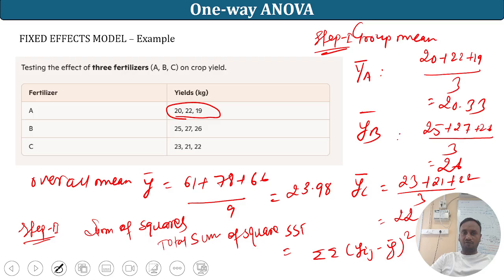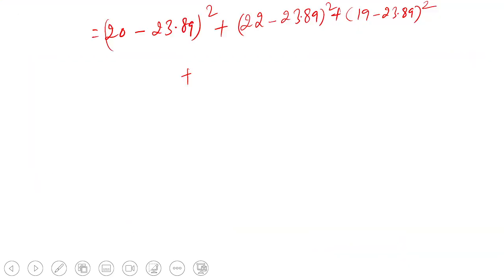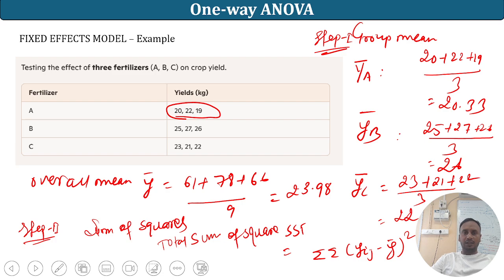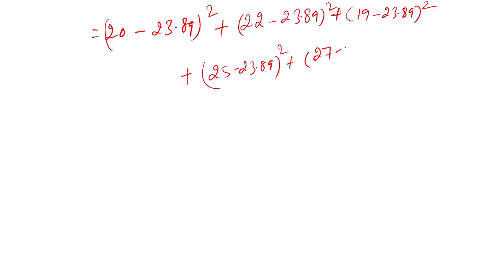Second group, what we have? 25, 27, 26. 25 minus 23.89 plus 27 minus 23.89 plus 26 minus 23.89.